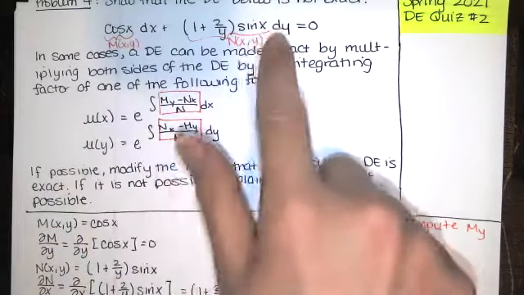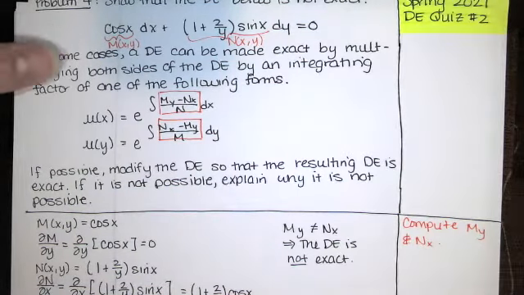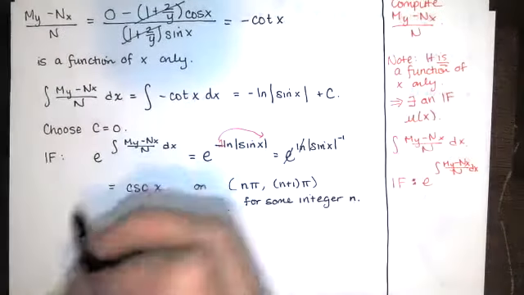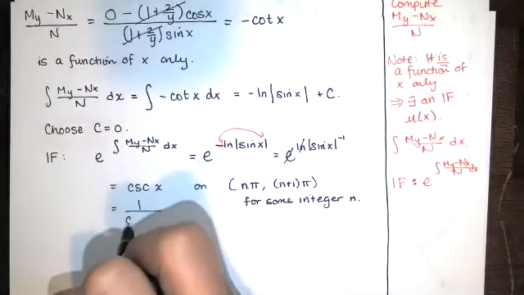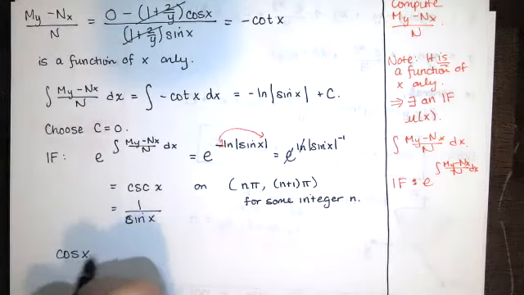So we're going to take this differential equation, we're going to multiply by the integrating factor, which is 1 over sine of x or cosecant of x, whichever you prefer. I actually prefer to write it as 1 over sine of x right now, because we're about to multiply it by a cosine, and the differential equation looked like this.